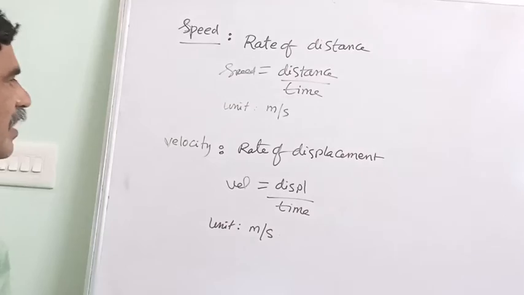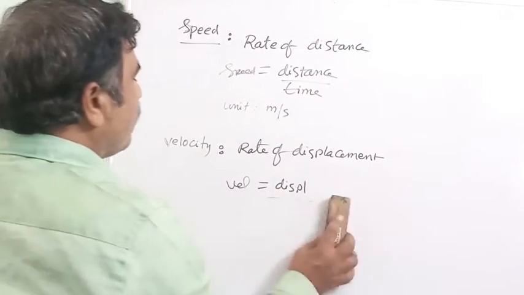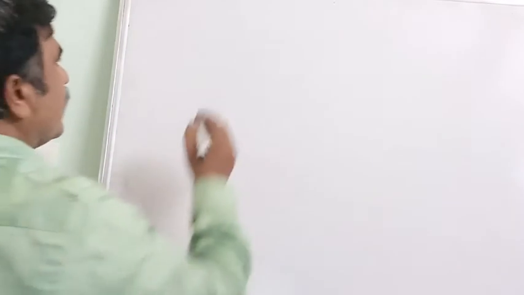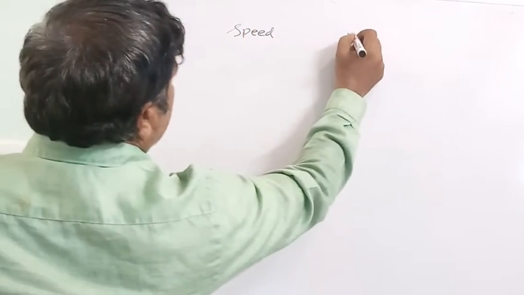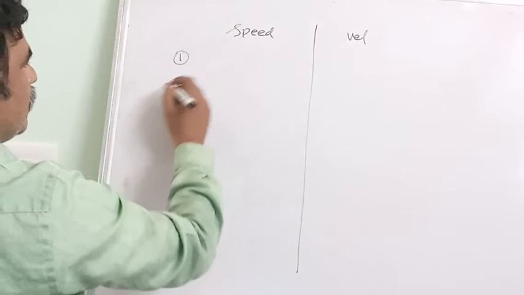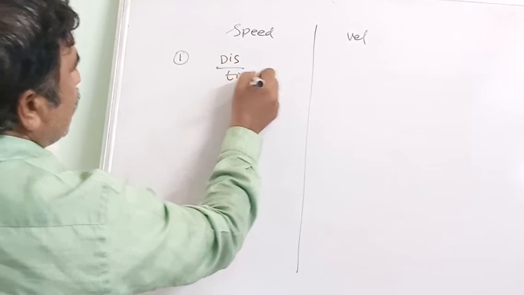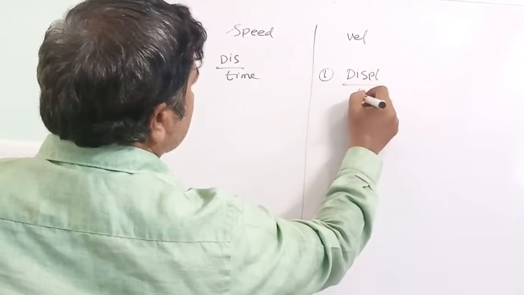Now, the differences, I will give you in tabular form, the same differences. What is there for distance and displacement will come for speed and velocity. First point, speed is distance by time. Velocity is displacement by time.